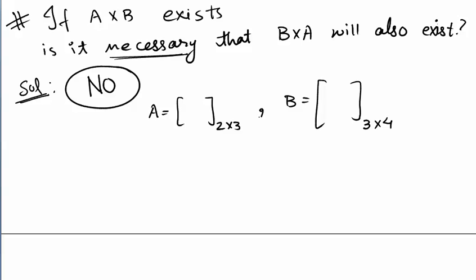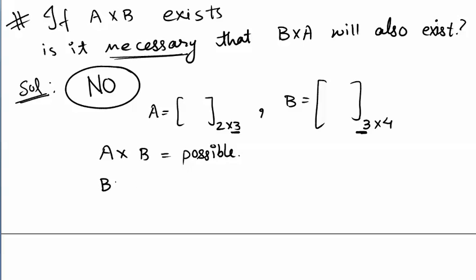Is A into B possible? Yes. We know that for multiplication, the columns should match the rows. So A into B is possible, and the resultant order will be 2 cross 4.